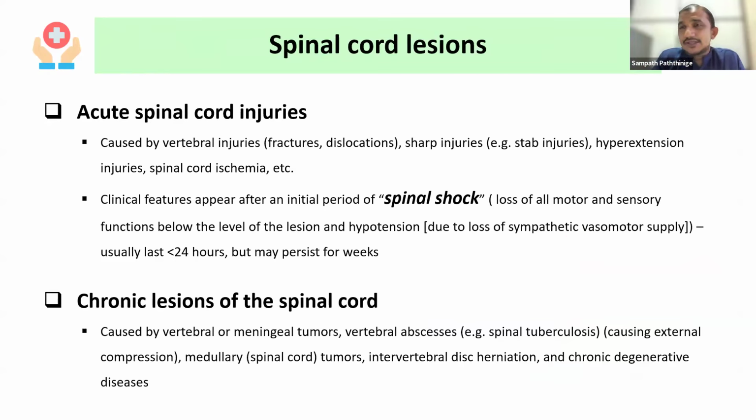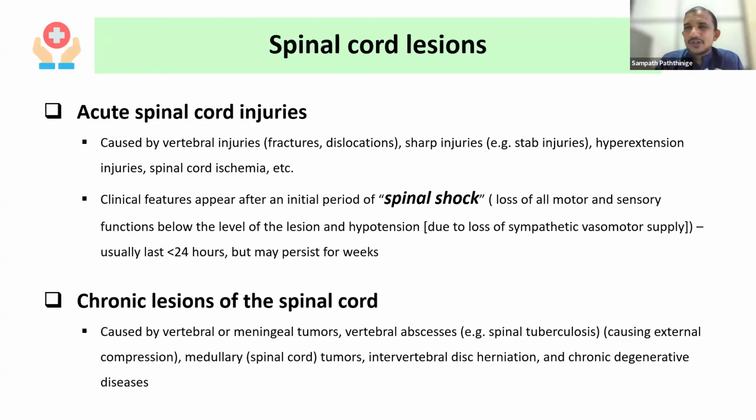But what you need to know is, in real clinical practice, in acute spinal cord injuries, in the initial period you do not see the classical neurological symptoms and signs, because in that period the patients will be in a condition known as spinal shock.